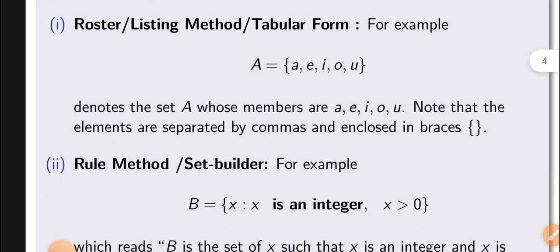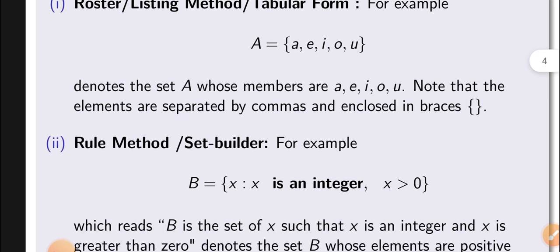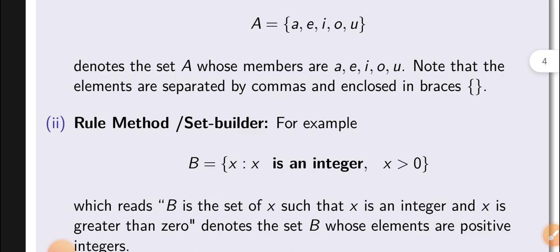But in the rule method, you are given a rule to say set A is a set of vowels, then you will know in your head, if you know what vowels are, then you will list them. Or set B is a set of consonants. Set A is a set of numbers from 1 up to 10, just like that. This is the second method of describing sets.